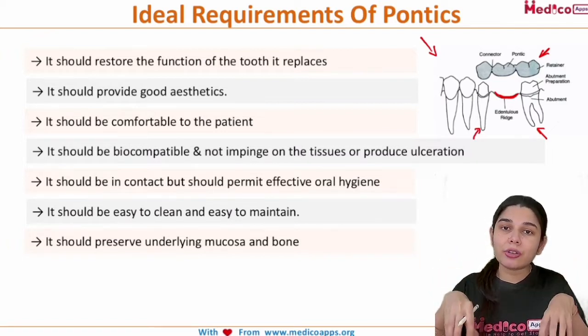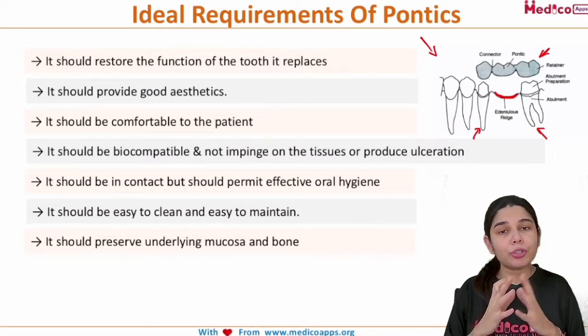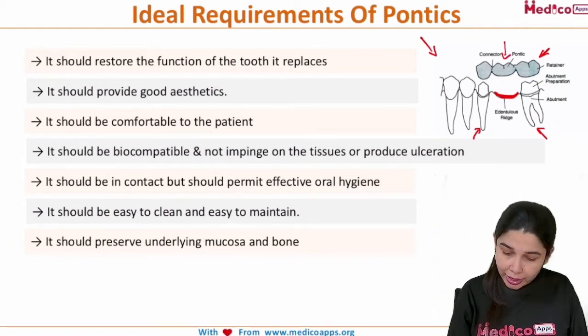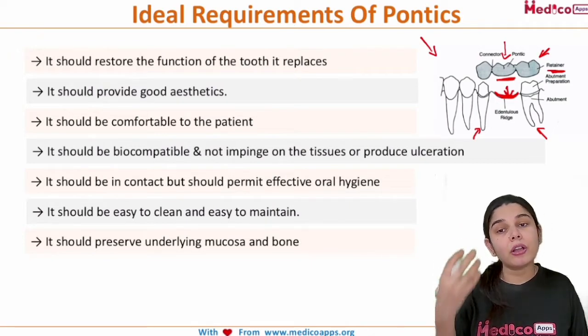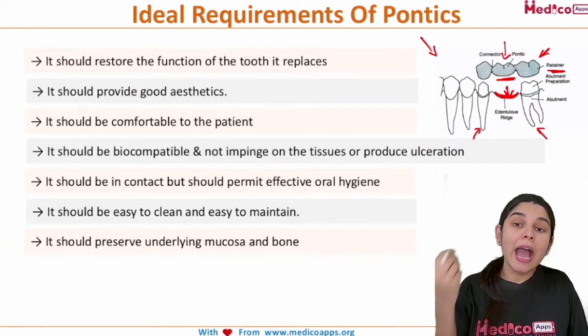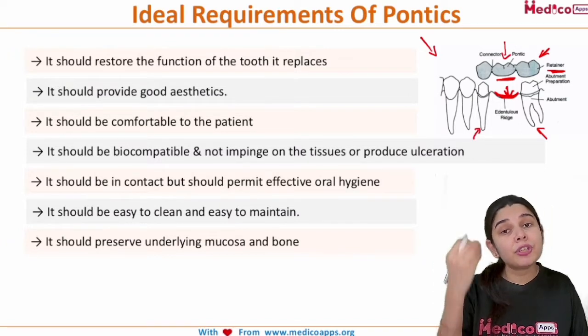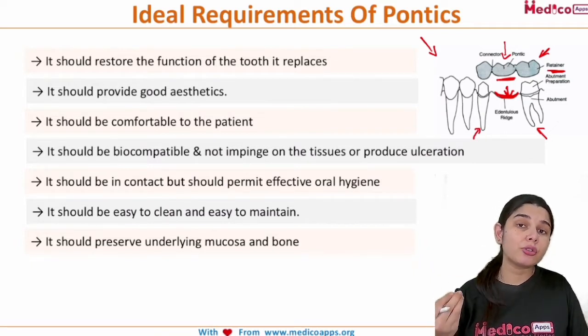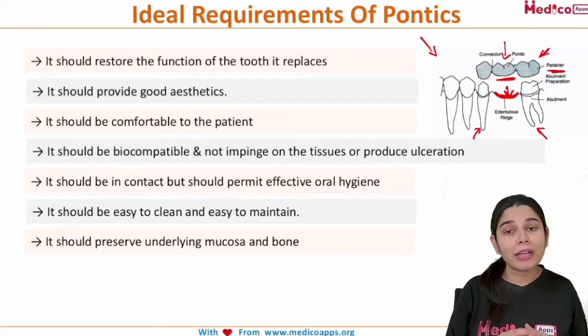The portion covering this edentulous area, the crown fixed on the abutment, is known as the retainer, whereas the middle portion filling the edentulous ridge is a particular artificial tooth. That artificial tooth, which fills this missing area and restores the function of the tooth being replaced, is known as the Pontic.